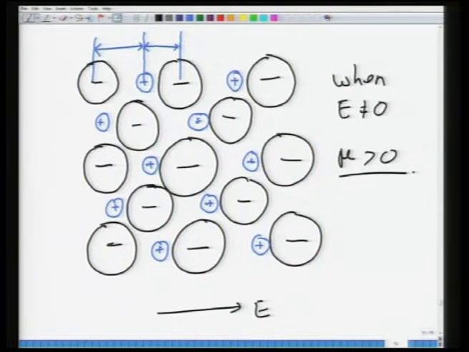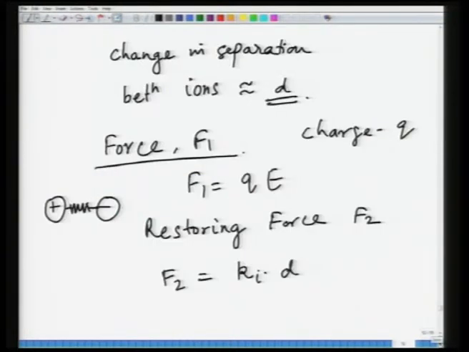As a result, the distance between cation and anion on one side is different from the distance on the other side, and this results in a net electric dipole moment, which is finite when you apply electric field.